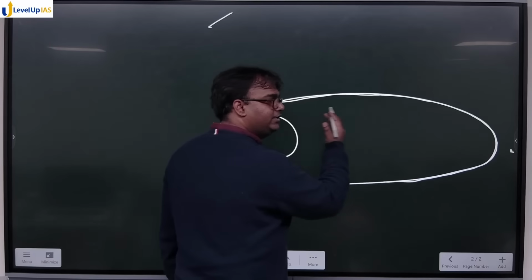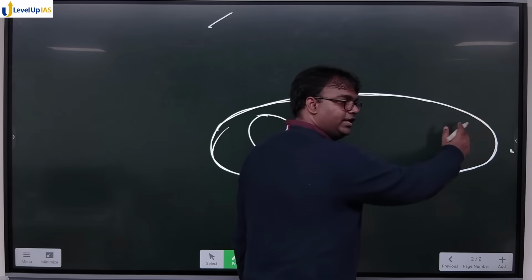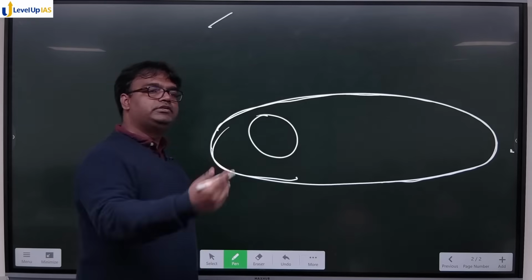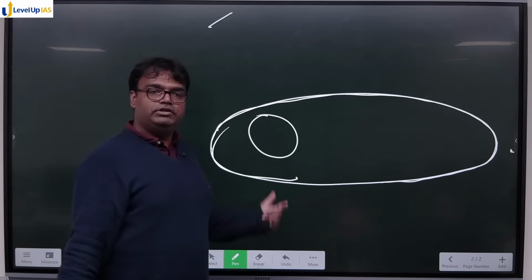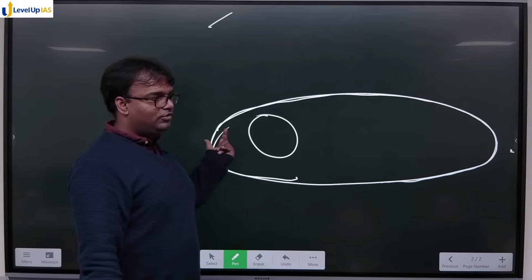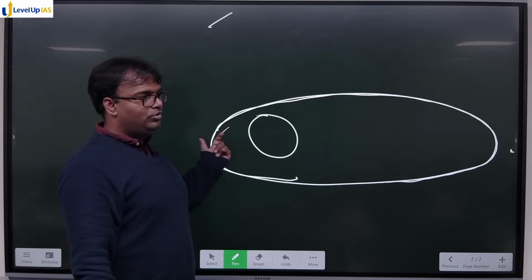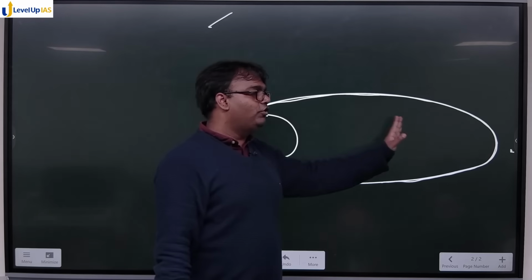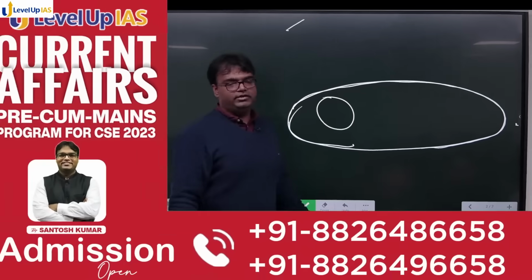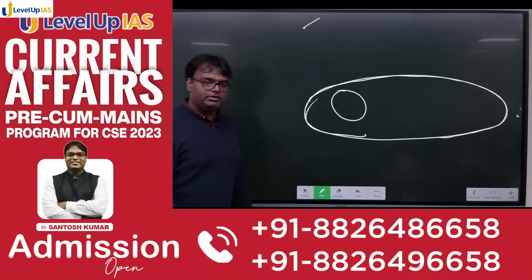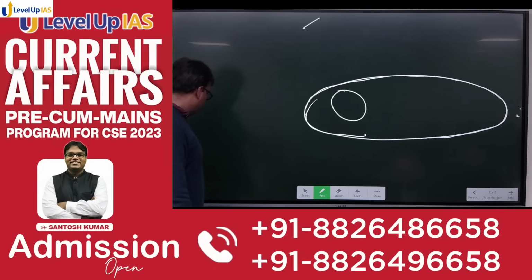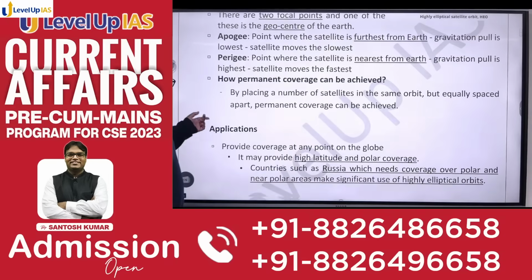So on this side it remains for a much larger time period when compared to this side. So on this side it can kind of provide permanent coverage, not exactly permanent but kind of, but not very relevant for us. थोड़ा सा आइडिया रहना चाहिए.